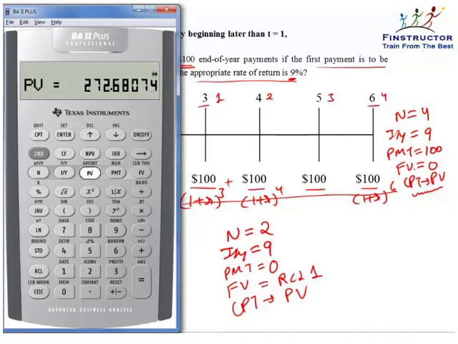Compute PV to get to the final answer, that is 272.68074. Just to refresh, if you want to check any of the values that you've entered, supposing you're not getting this answer on your screen, you may want to check what you have entered. So just recall N, first press recall I by Y to verify that all the values that you've entered are correct.